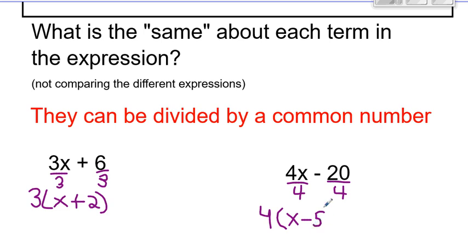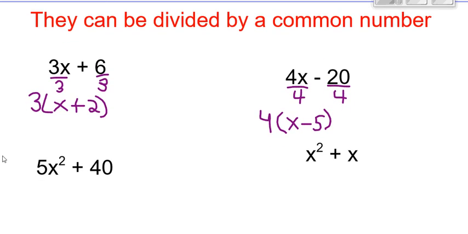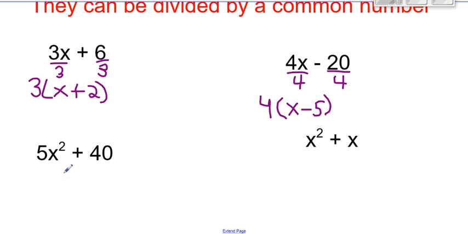If we go to the next couple examples and do some more, I'm again going to look at what number is divisible. So 5 and 40 are both divisible by 5. They both can be divided by 5. 5 is a factor of both 5 and 40.